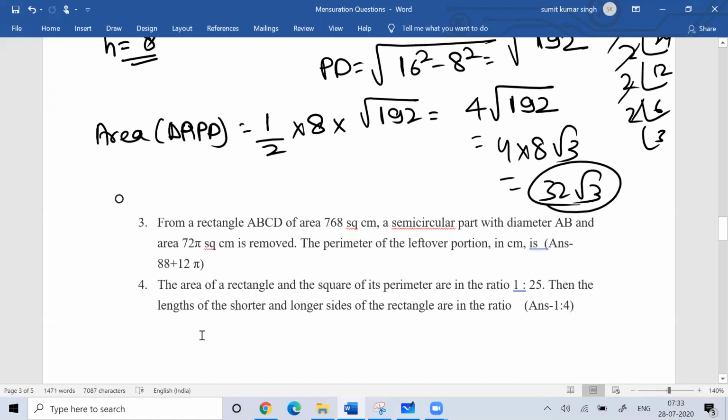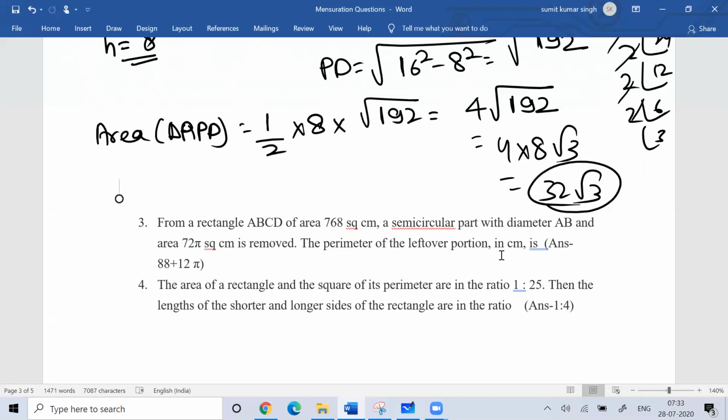Now you can see question number three, from the rectangular part. From the rectangle ABCD of area 768 square centimeter, a semicircular part with diameter AB and area 72 pi square centimeters is removed.